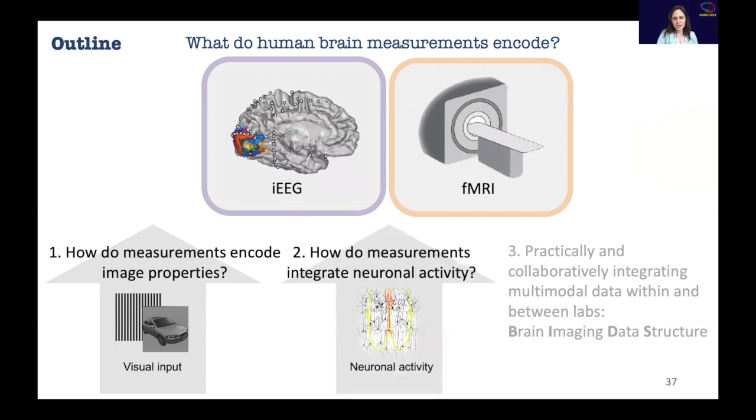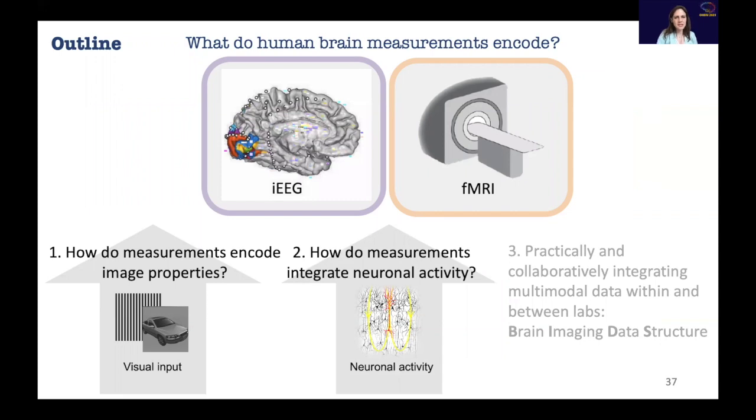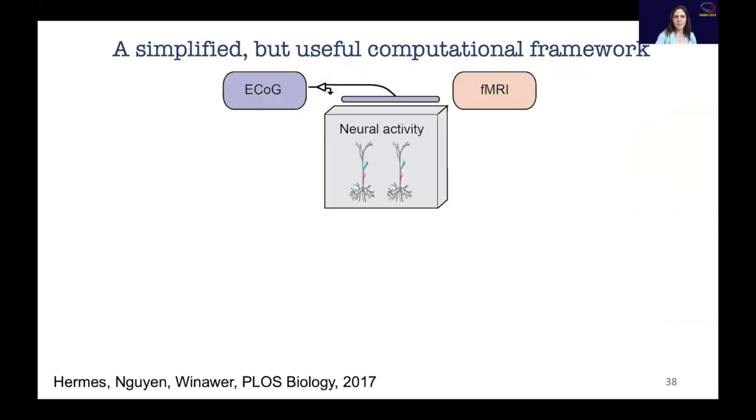And the next question that I would like to ask, because we've seen that these intracranial EEG and fMRI measurements differ, is why do they differ? And the question that I want to ask here is, how do these measurements integrate neuronal activity? And for that, I want to show a simplified, but hopefully useful computational framework.